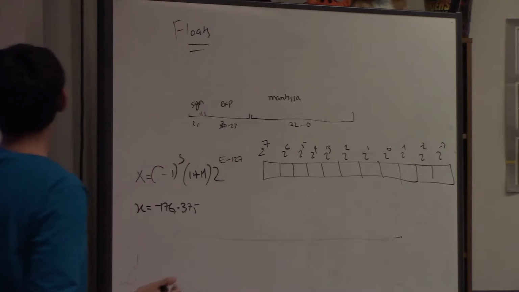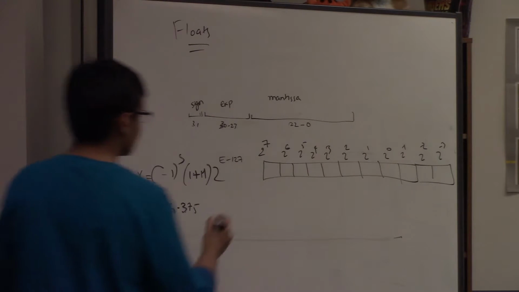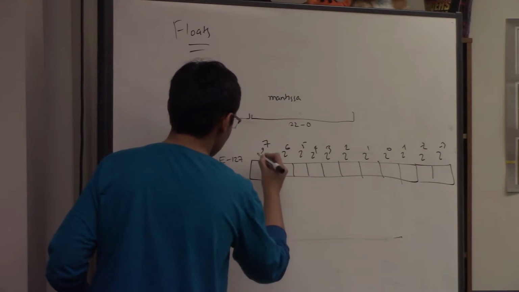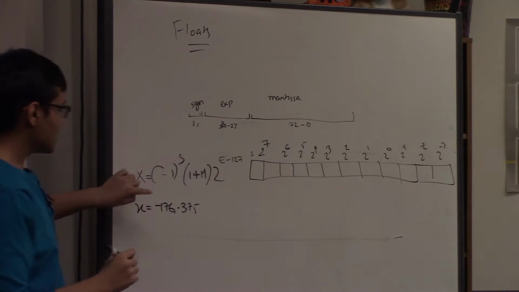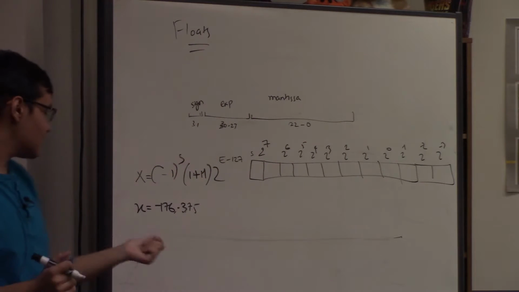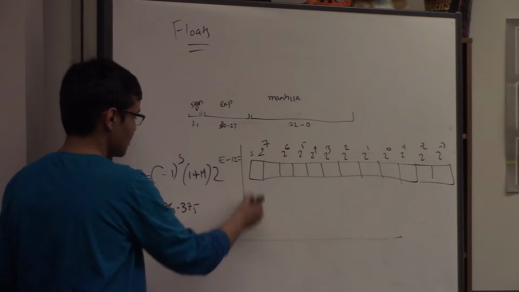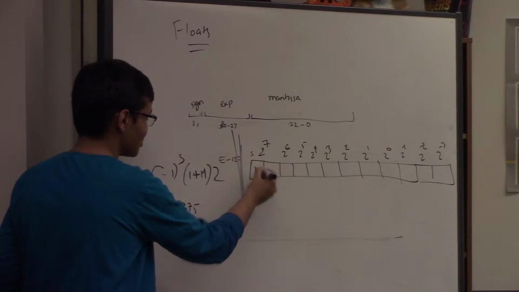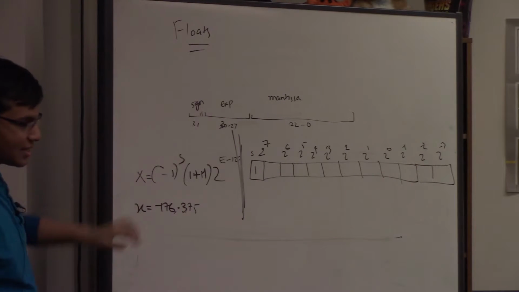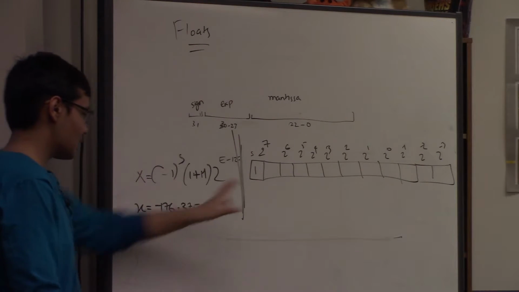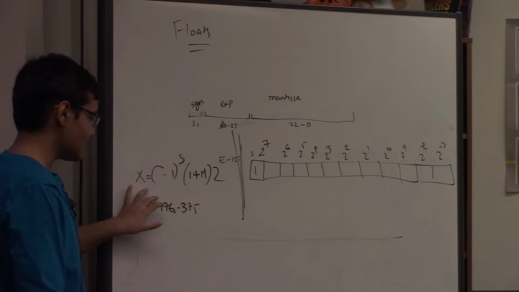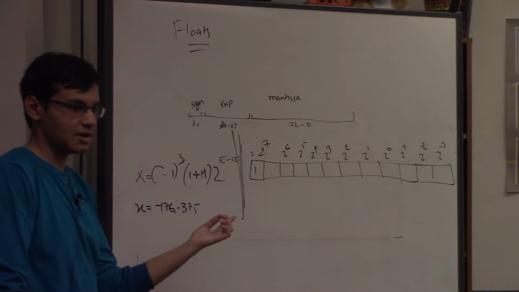So the first thing we need, let's add a sign bit here as well. Sign. Okay. So the first bit is a sign bit. If it's a negative number, then this value right here is 1. So x is negative, it's a negative number, so we put that as 1. If it was just 176.375, then we put a 0 there.